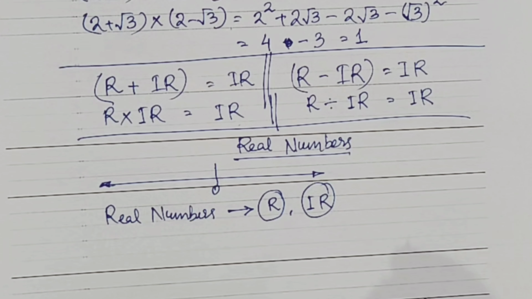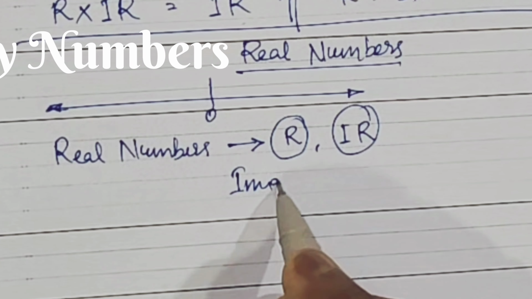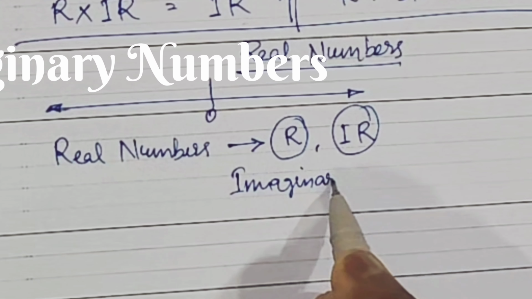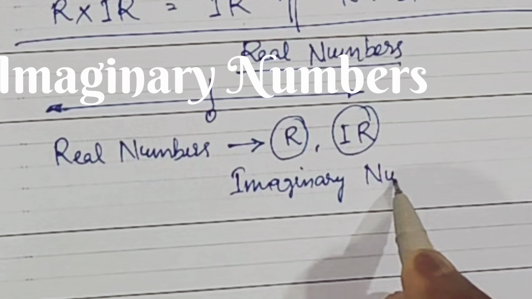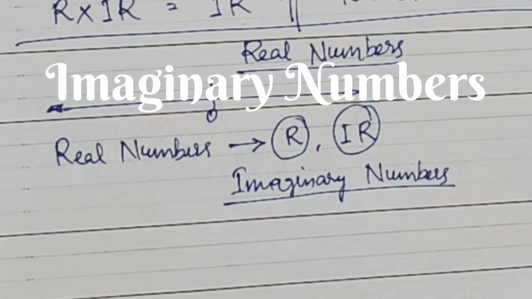Now this brings us to the next question. If we have real numbers, is there something called an unreal number? Yes, there is. We do not call them unreal numbers, we call them imaginary numbers. So what are imaginary numbers?